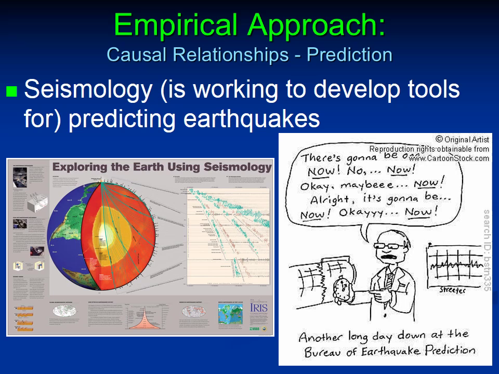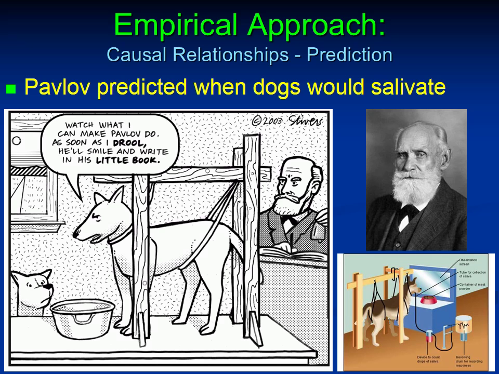Seismology, for example, the study of earthquakes, is trying to work on methods to predict earthquakes. No really strong tools have yet been developed for predicting earthquakes, but certainly that is a goal of seismologists. Here we have a picture of Pavlov, a famous scientist. You might be familiar with his work with dogs. He predicted when his famous dogs would salivate, in fact, after conditioning them to expect food when a bell rang. I'll give you a minute to read this cartoon.